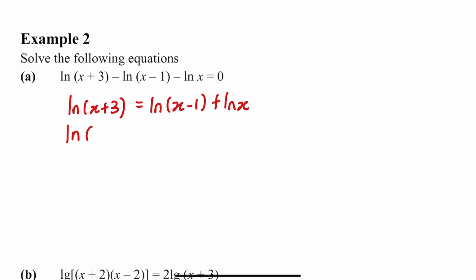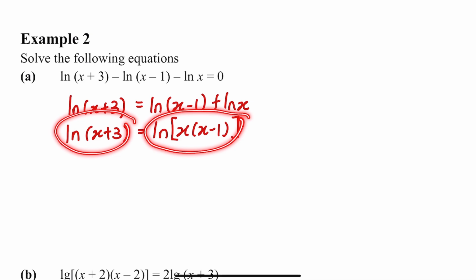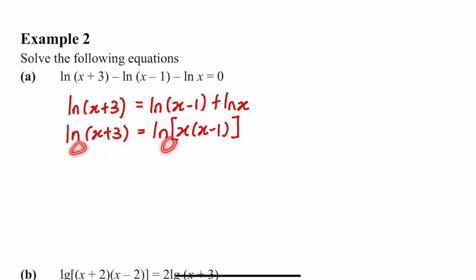This means ln(x plus 3) is equal to ln of x times (x minus 1). I'll put a square bracket to mean that they belong to the ln function. Okay, therefore now that I have one logarithmic function on left and right side, the same base is e.